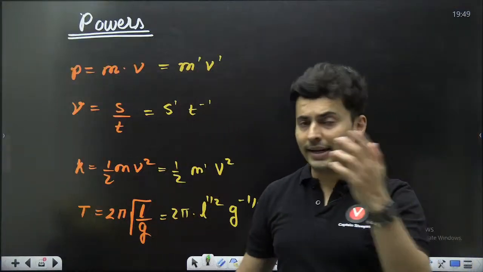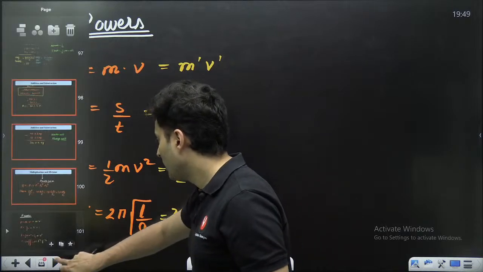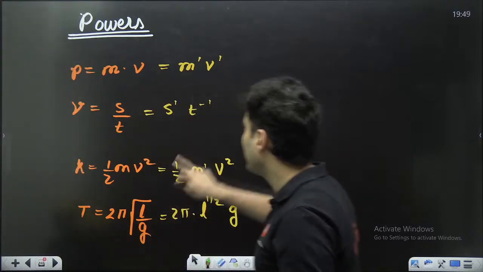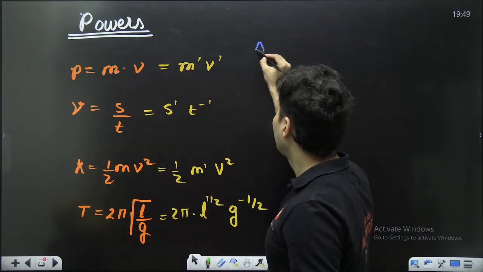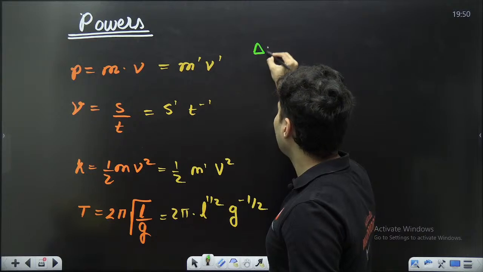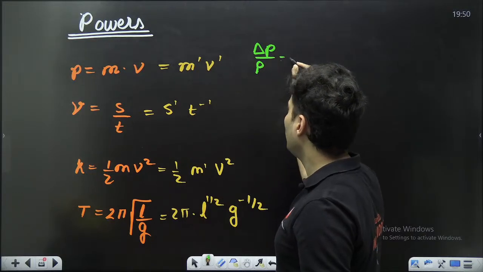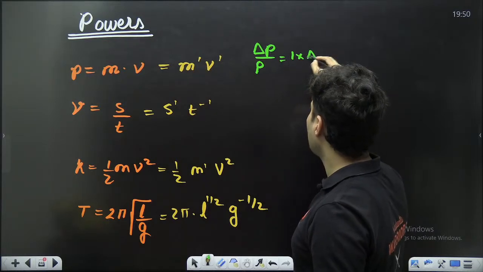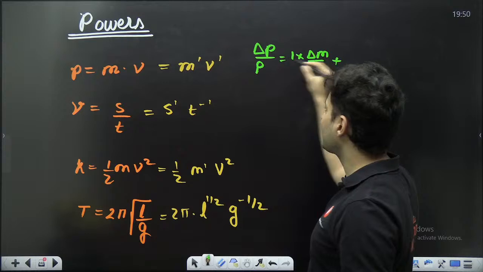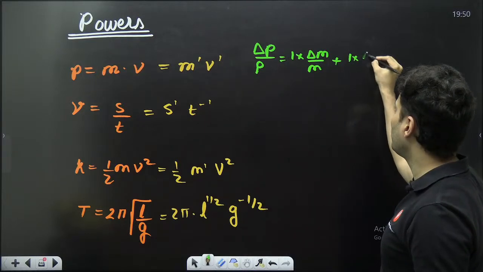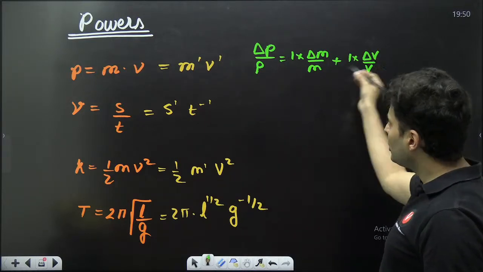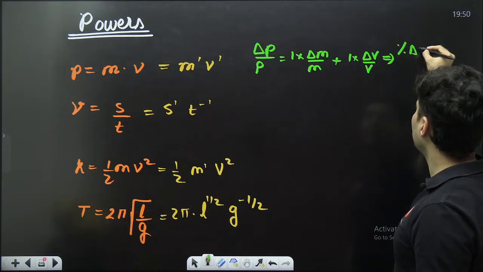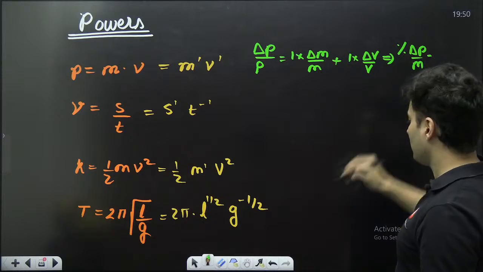if I try to find the relative error in the momentum, there is no constant, so don't worry. Mass's power is 1, so 1 into delta m by m, plus v's power is 1, so 1 into delta v by v, which you can also write as percentage error.